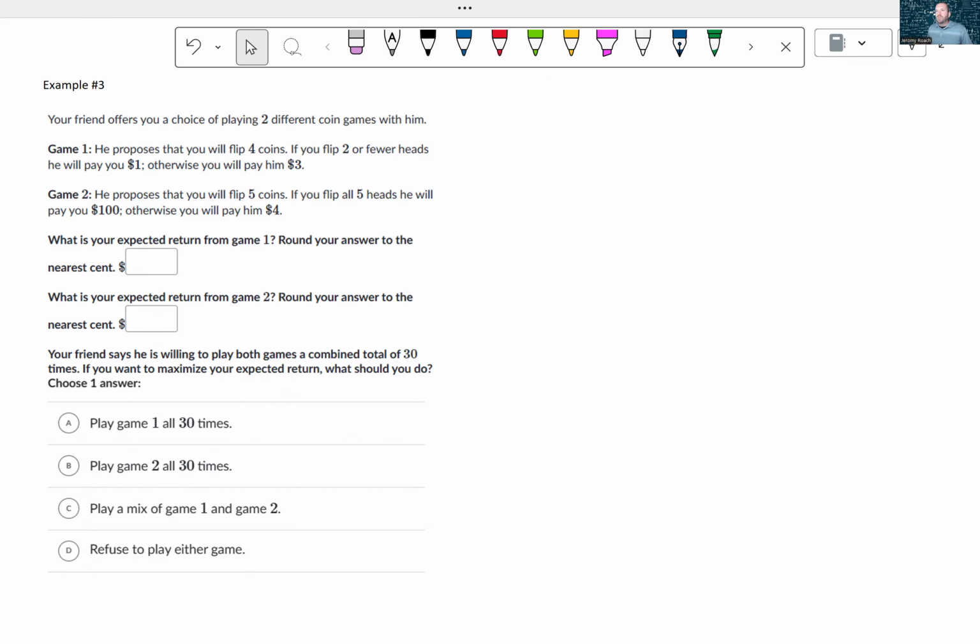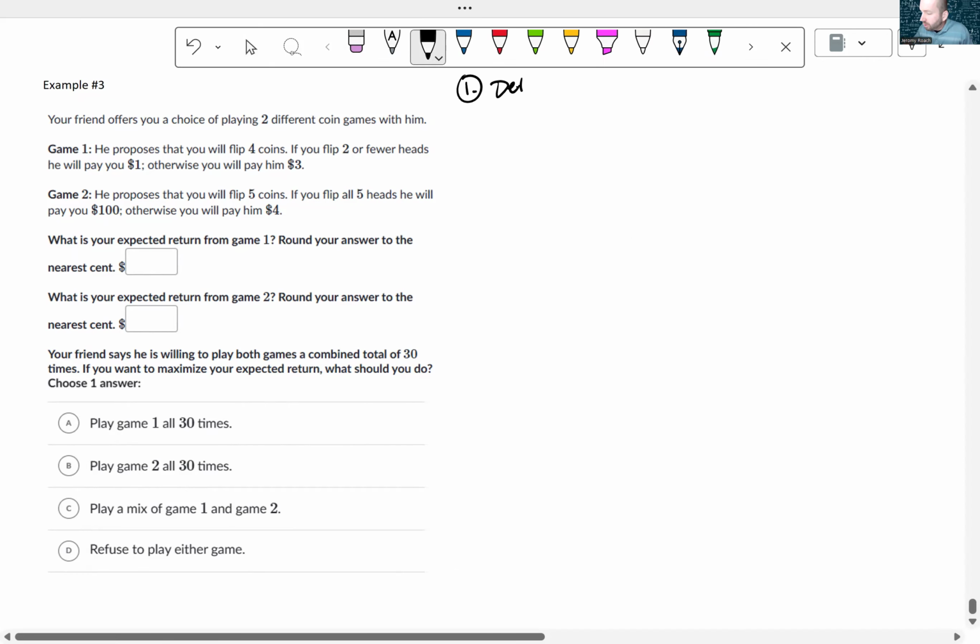Okay, so we're going to separate this into game one and game two to solve these. So the first thing we're going to do is look at the game one outcomes. We're just going to write down all of the given information here. So we're going to determine the game one outcomes.